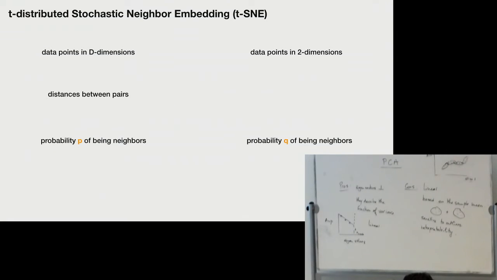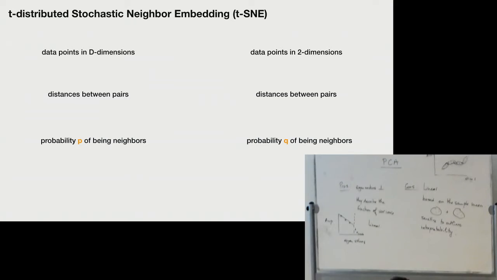Then we want a mapping of this high dimensional space onto something that lives in 2 dimensions. So we are going to introduce a distribution Q, that's our model, that is only in 2 dimensions, and that will also assign probabilities to neighboring points. Once we have this, we can go back up and express that probability in terms of distances, and then we can show that in 2D as an image.